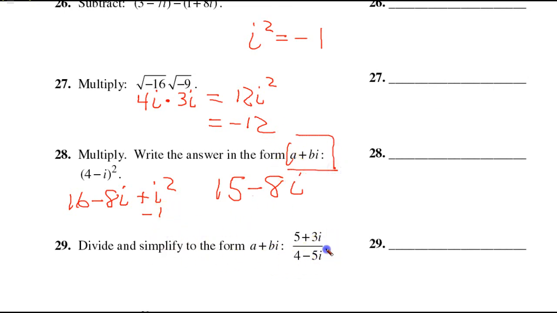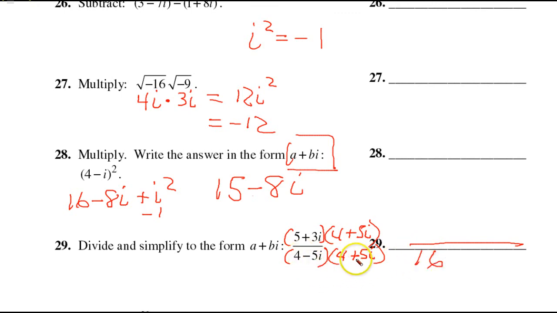Here, I don't recall now whether we did these, but they were there. We have to use the imaginary conjugates, which would be 4 plus 5I, 4 plus 5I. It's sort of like rationalizing the denominators. And then when we do this on the bottom here, since they're conjugates, no middle terms, 4 times 4 is 16.